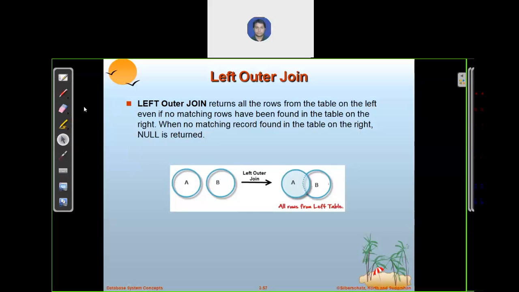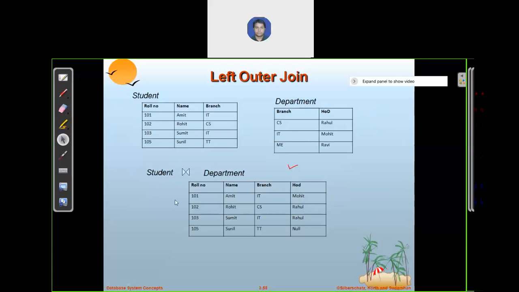Here you can see there are two relations A and B, and we're applying outer join, so it will return all the records of relation A, and if the corresponding record is not present in B, the value is set to null. Again, if it is not clear, don't worry, see the example directly, then we'll see the definition.